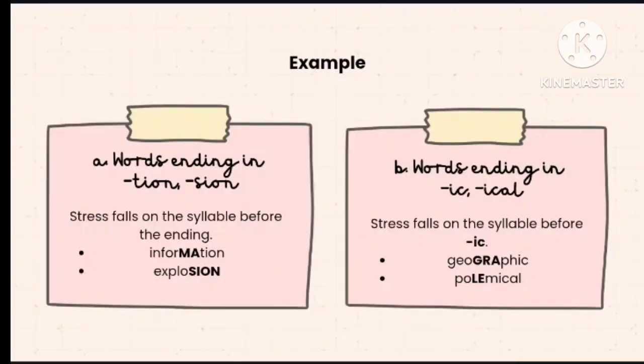First, words ending in -tion or -sion: the stress falls on the syllable right before that ending, like information, explosion, musician. Next, words ending in -ic or -ical: the stress falls on the syllable before -ic.